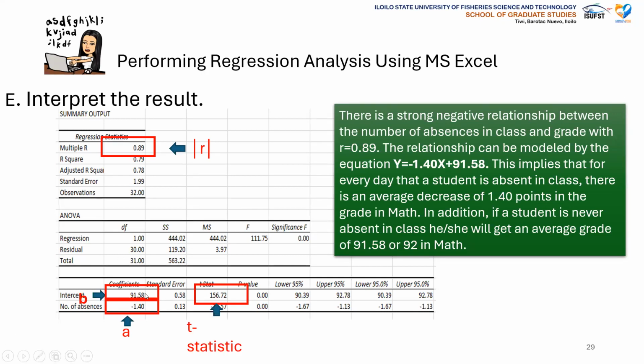So here is the intercept, and take a look at the coefficients part of the Excel. The number of absences is the independent variable, right? So this is negative 1.40. This is now your A, or your M, or your slope. Depends, some books use A, some books use M. And your intercept is 91.58.